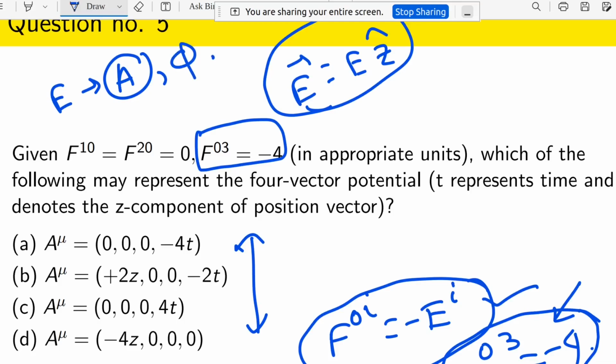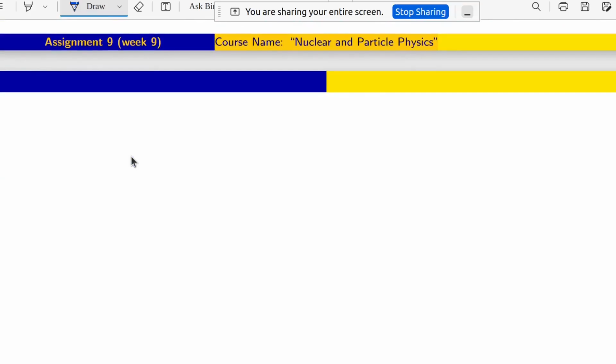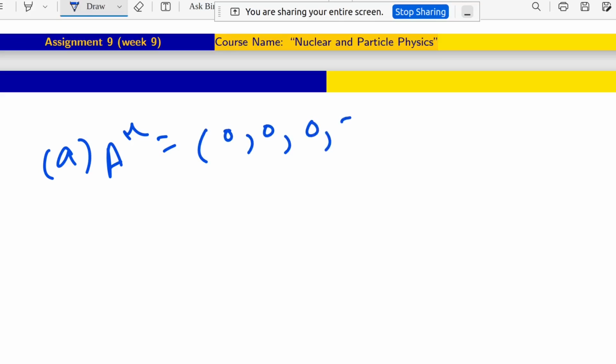So we are just going to check which option will give this expression, E vector is 4 z cap. If this one gives E vector as 4 z cap, then this one is correct. Like that we have to calculate. So now coming to the first option. The first option is A mu is 0, 0, 0, minus 4t.